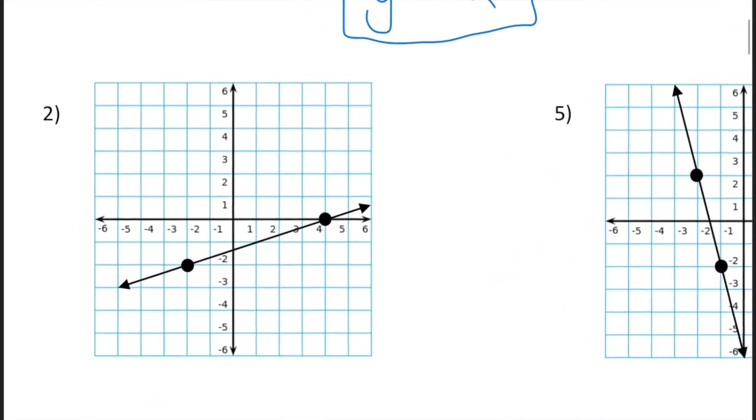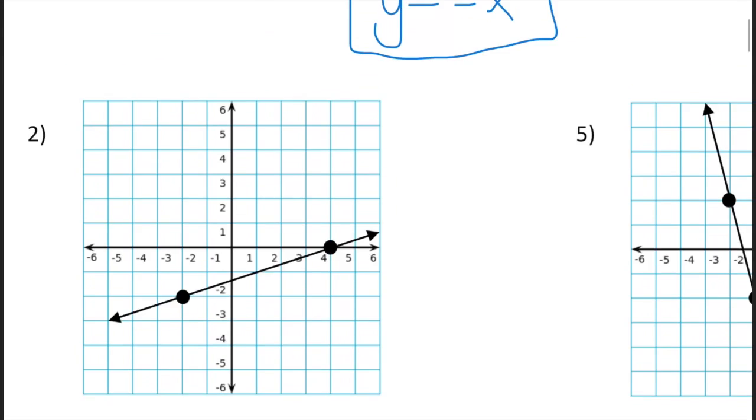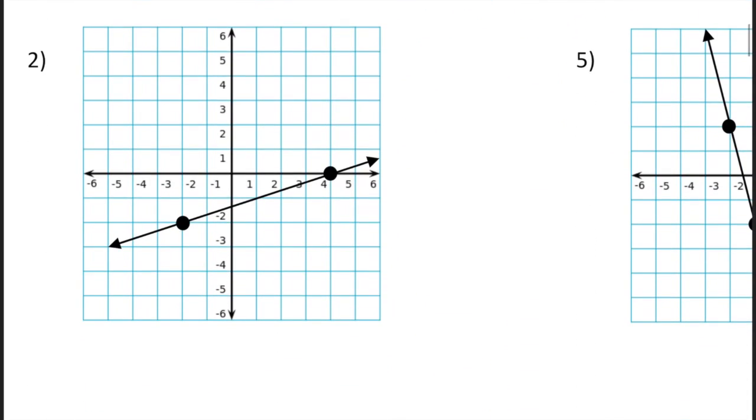I think zooming in helps a lot. All right. For number 2, I guess I went out of order there, didn't I? I went from 1 to 4. Oh well. For number 2, my slope is 2 over 1, 2, 3, 4, 5, 6.